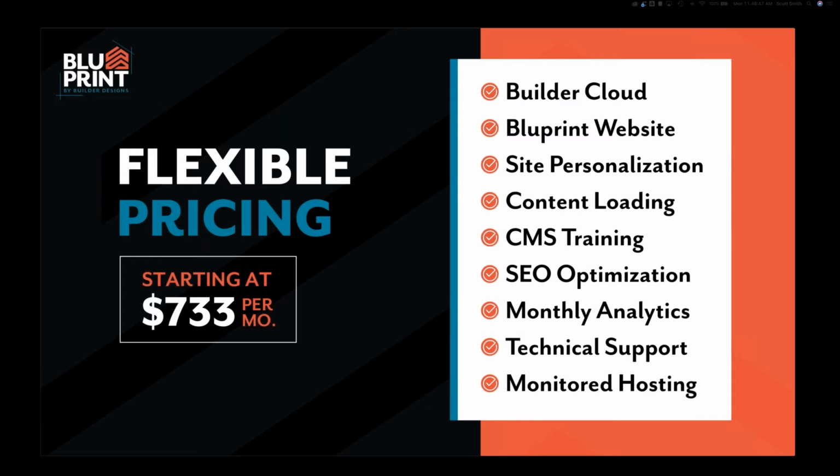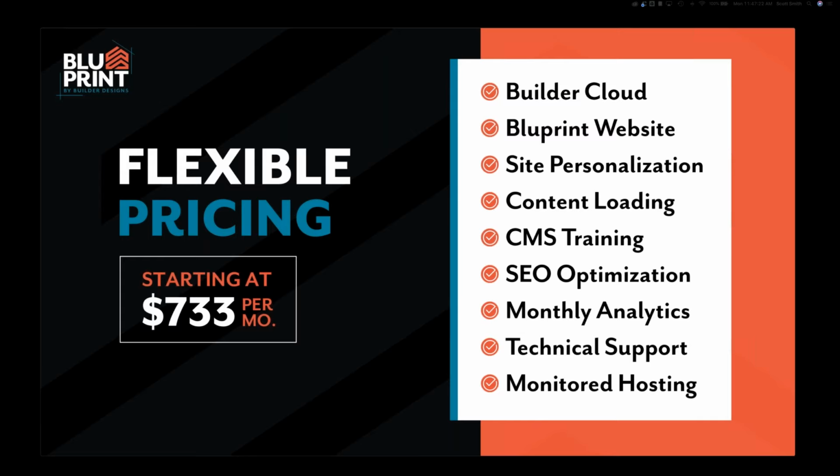And then I think another question was, what affects the pricing? Does the pricing change based on features? Yeah, there are some features that are a little bit of an upgrade. The other things that affect pricing would be the size of the builder, how much content needs to be loaded, how many communities, homes, plans, those kinds of things. We made a basic inclusion level, so for most builders, you're going to be able to get in at that price.